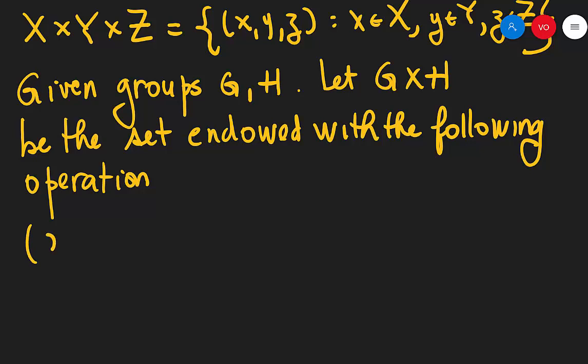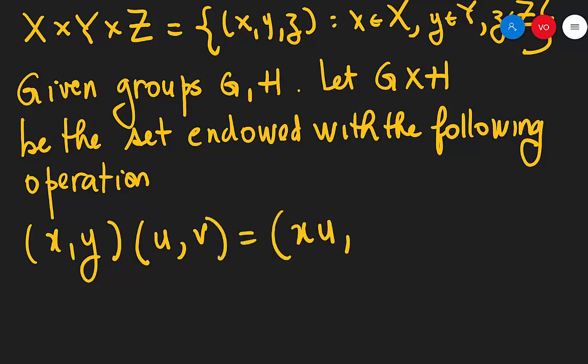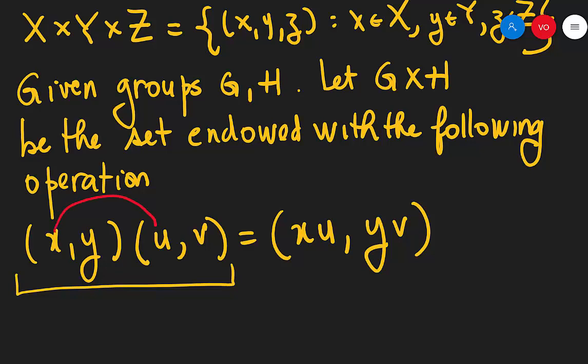We'll say that (x, y) combined with (u, v) is the element (xu, yv). So this new product is obtained by taking the product componentwise. So you'll take here x times u, and then you'll have y times v to get the second component.